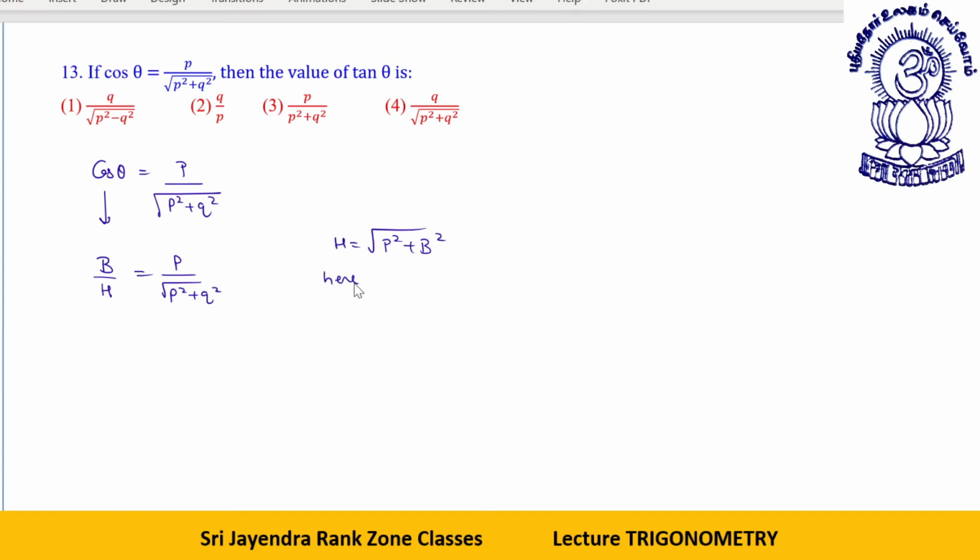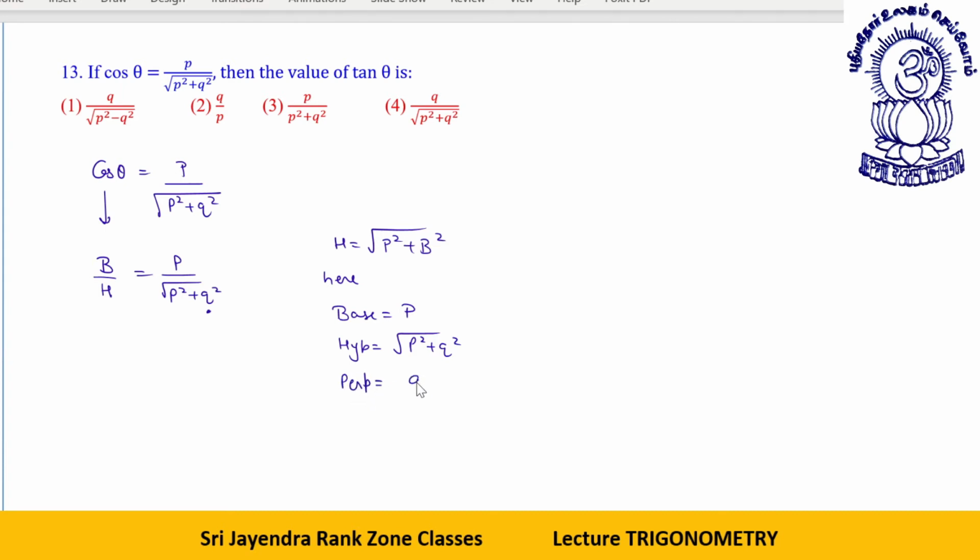So here you can compare this with P square plus B square. Base is equal to P, hypotenuse is equal to root of P square plus Q square. So what is remaining? That is perpendicular.